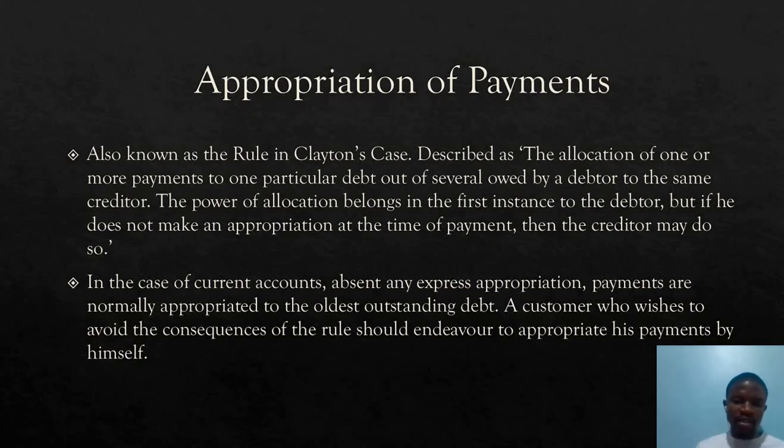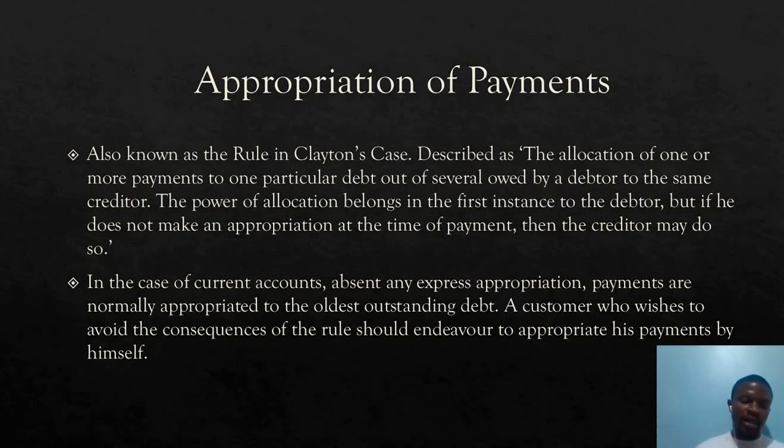There is credit and debit ledger. Once the money comes in, they fix it here. They can by themselves decide where they can allocate the money you are paying in. Now, in the case of current accounts, without any other express appropriation, that is, if you do not expressly communicate your wish to the bank, payments are normally appropriated to the oldest outstanding debt.